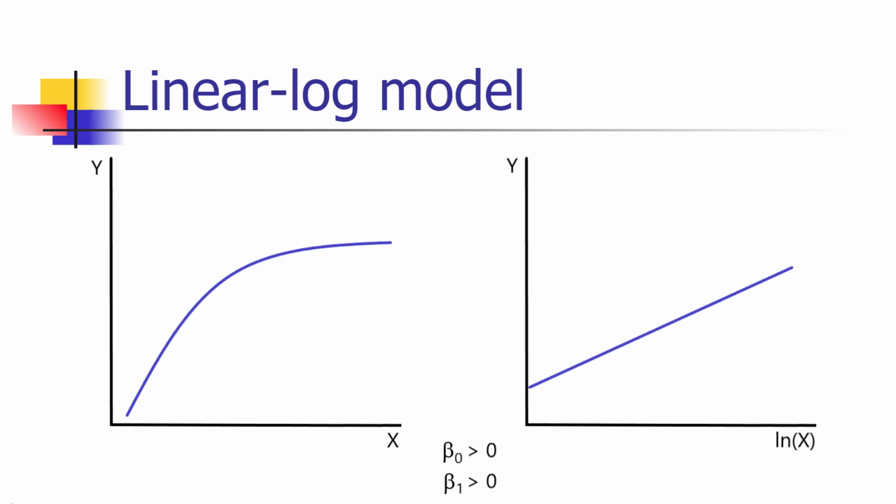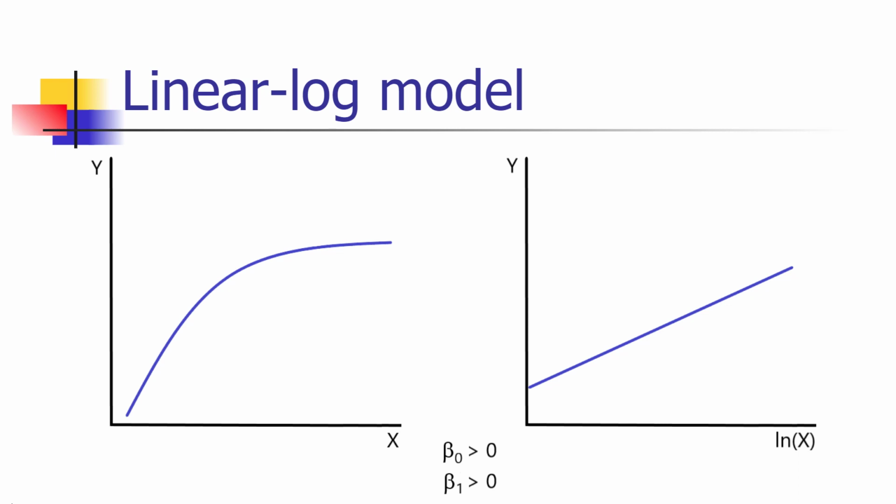In the case of a bivariate linear log model, if we plot the relationship between y and x directly, we'll observe a curve similar to that on the left-hand side of the screen, assuming that both beta 0 and beta 1 are positive. And what happens here is that a change in y is tied to the percent change in x.